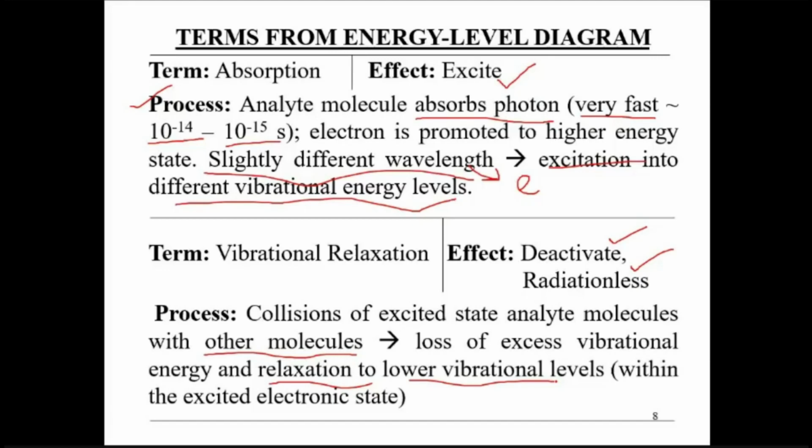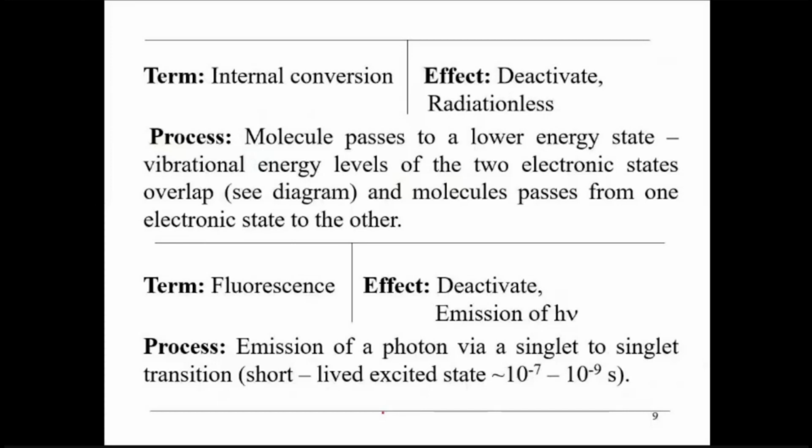If this has to occur, collision is important. Although this is a transfer of energy, there is hardly any change in the electronic state. So singlet will remain singlet, triplet will remain triplet, ground state will remain ground state. Now, next term, internal conversion.